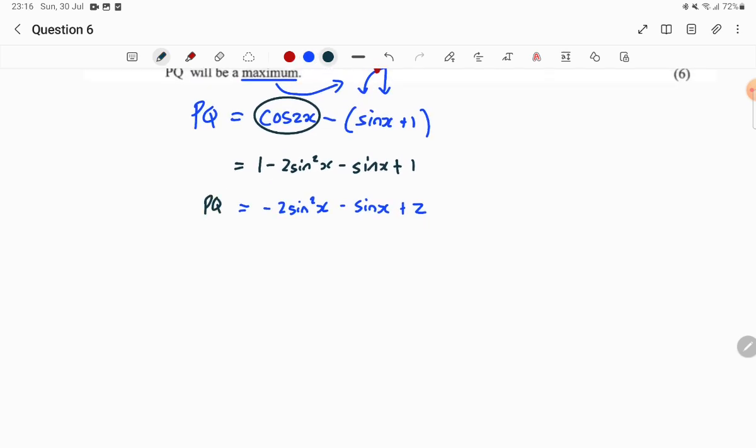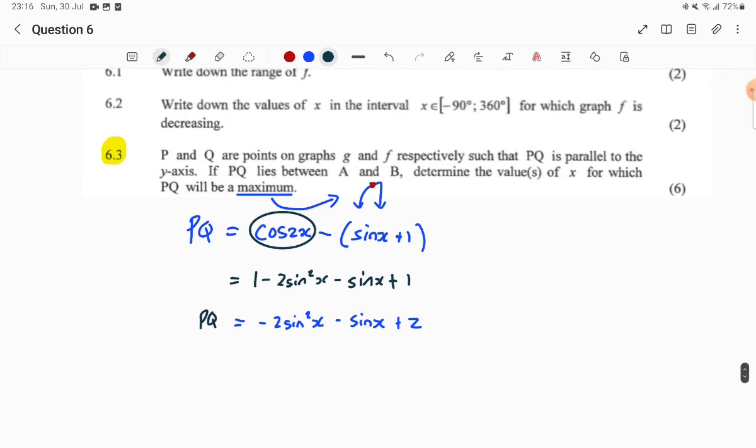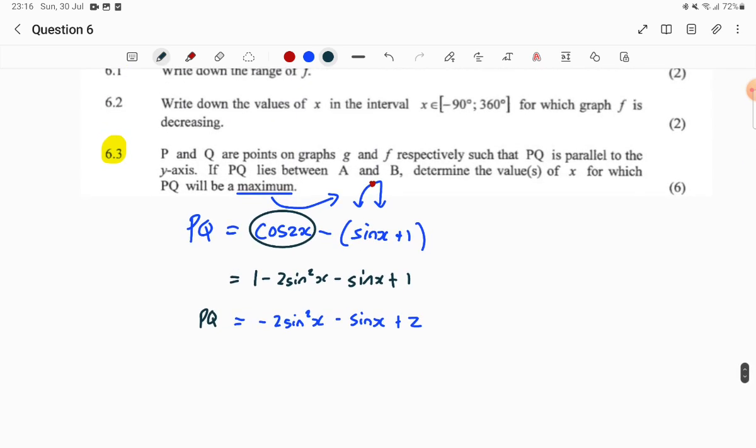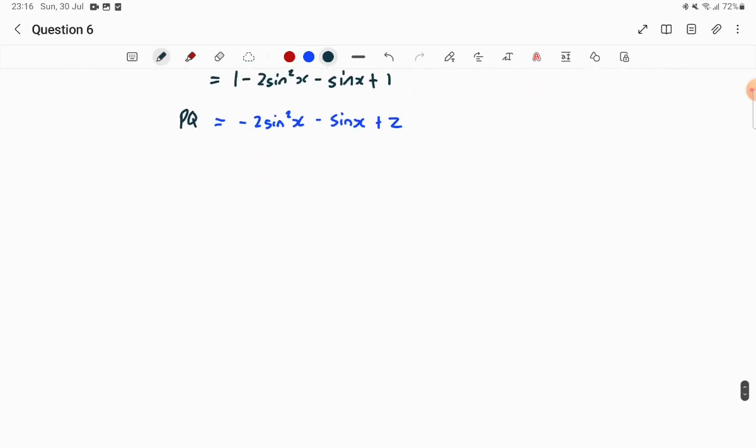And since we want the maximum, which is basically the turning point, our turning point equation is, and what they want us to work out is the values of x between which there will be a maximum. Since we do trig here, this will be sine x now, as a function, and it's not x anymore, so that equals minus b over 2a.